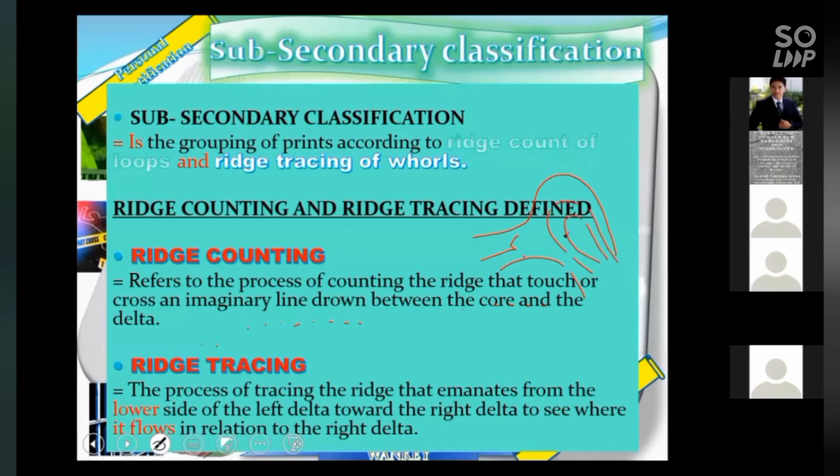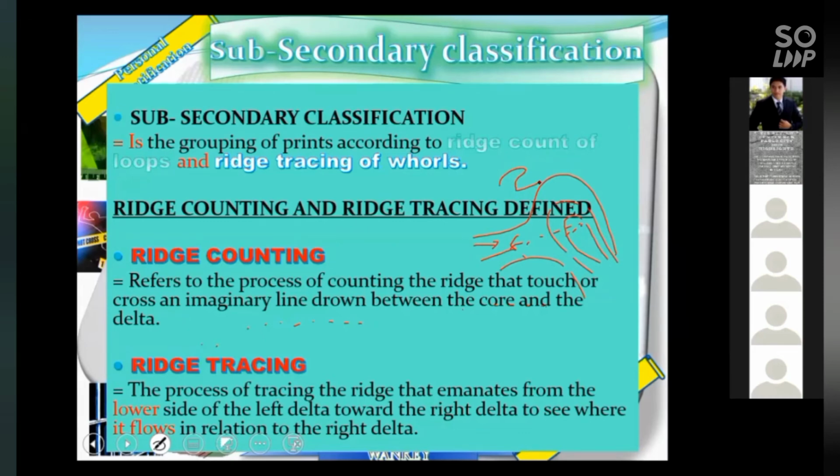Once I establish the core, this is the delta and this is the core. When I create an imaginary line from delta to core, this is how many ridges are touched by the imaginary line. There are 2, so this is a 2 ridge count. Okay, that is ridge counting for a loop.